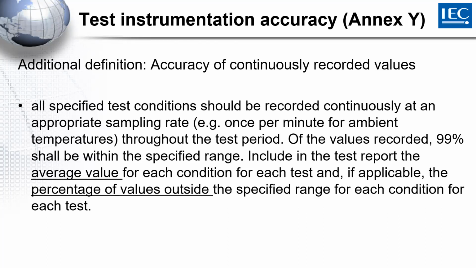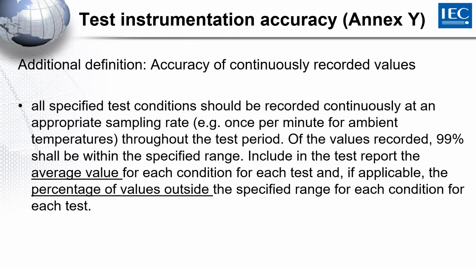And therefore, during the whole process of testing, all these continuously recorded values should be within a specified range. So we specified a range, for example, ±2 Kelvin for the ambient temperature. But there should be some way how to verify that.